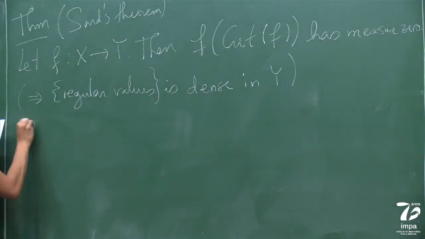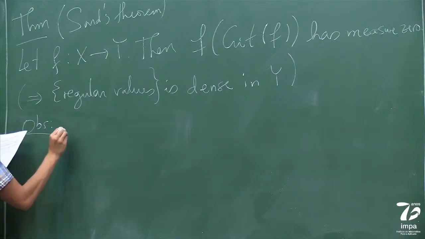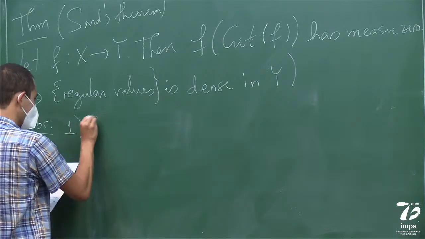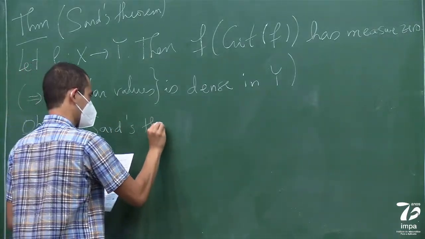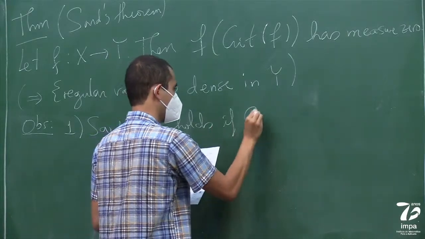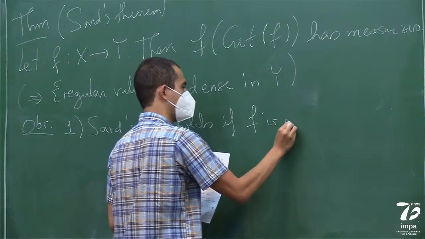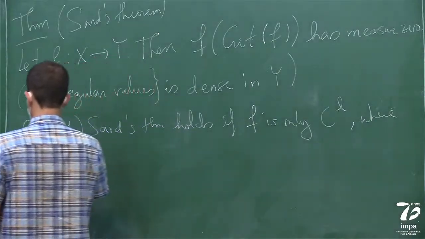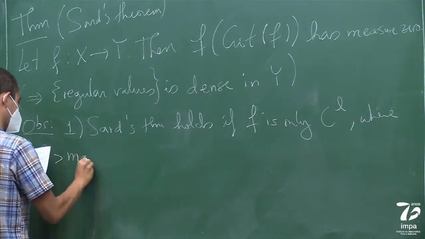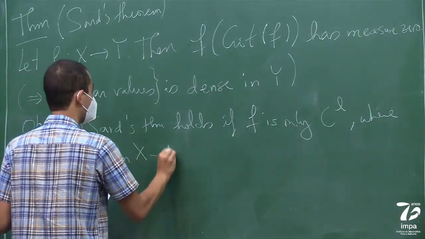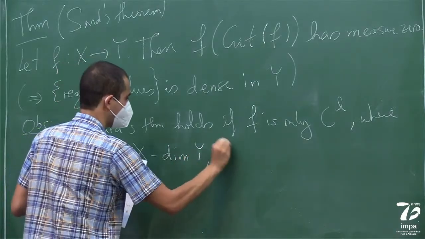Before proving, let me just write a couple of observations. The first one is that you don't need to assume that f is smooth. You could assume that Sard's theorem holds if f is only C^l, where l is greater than the maximum of the dimension of X minus the dimension of Y, and 0.